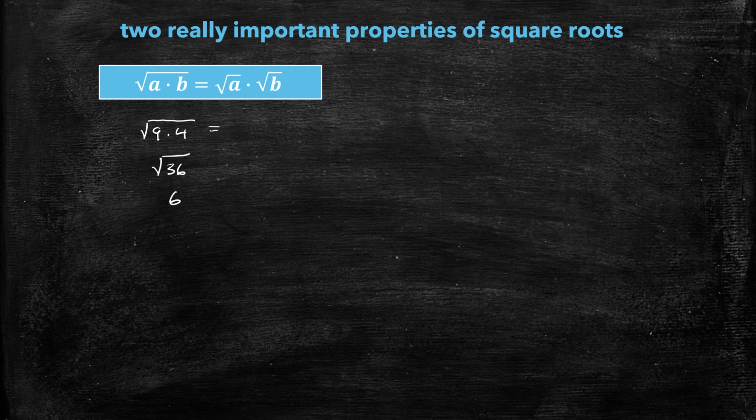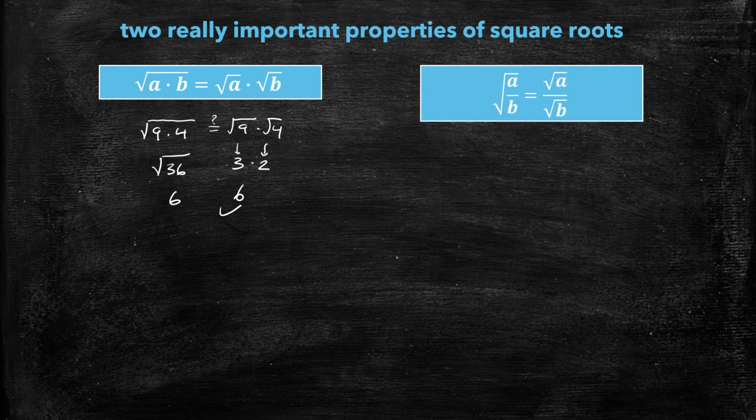Let's see if this is equivalent to the square root of 9 times the square root of 4. Square root of 9 is 3, square root of 4 is 2, and that makes 6. Yes, that works. What it's basically saying is that the square root of a product of 2 numbers is the same as the product of the square roots.